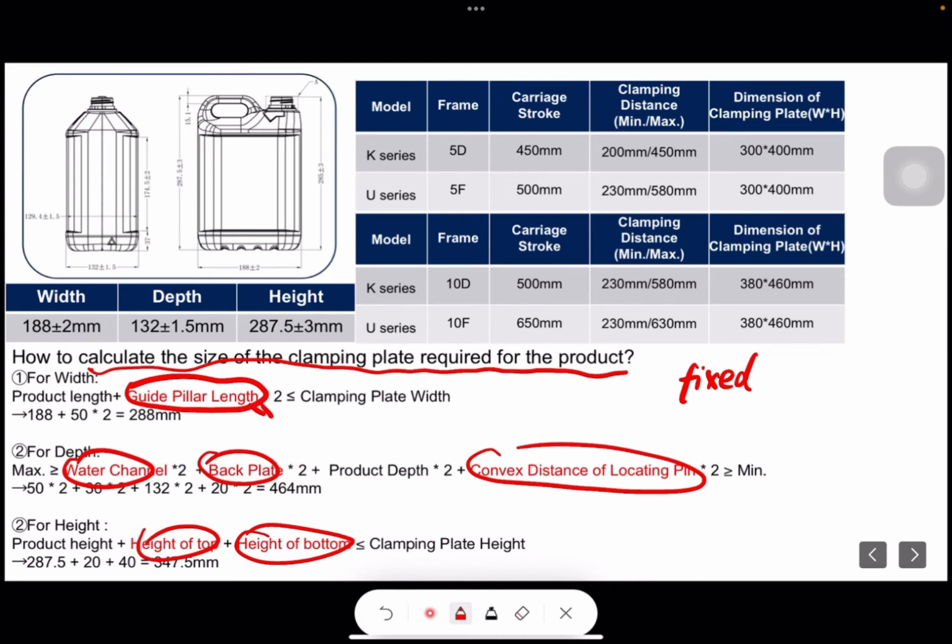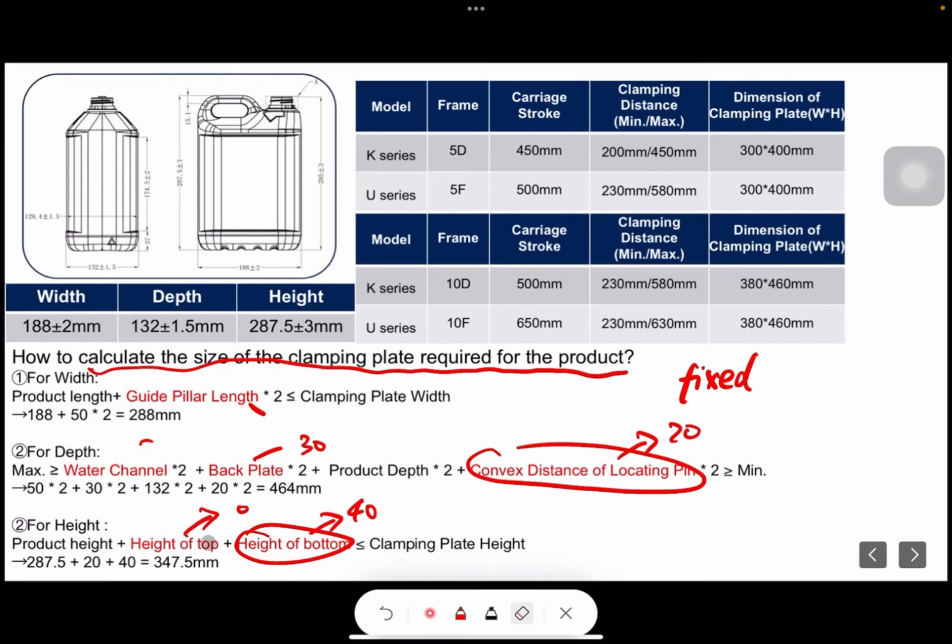Here, guide pillar length is 50, water channel 50, back plate 30, convex distance of locating pin 20, height of top 20, height of bottom 40. Those numbers are fixed, so all you need to do is plug the numbers into the formula and the answer will come out.